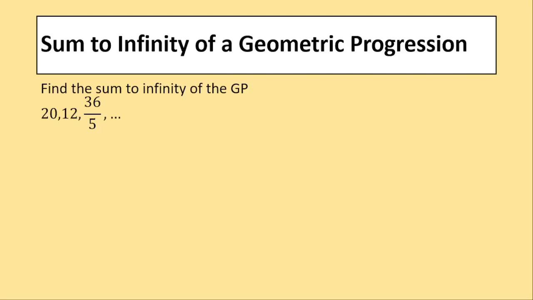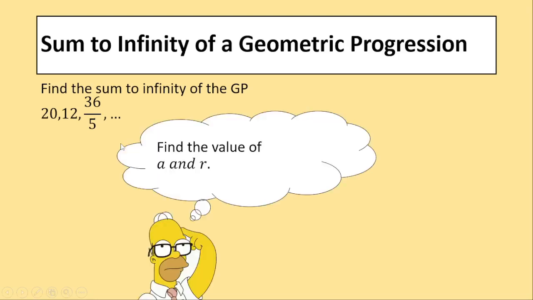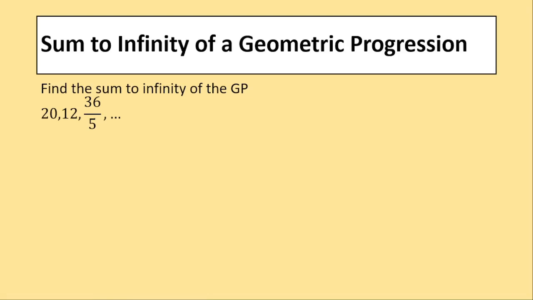Find the sum to infinity of the GP 20, 12, 36 over 5 and beyond. We will find the first term and the common ratio first.